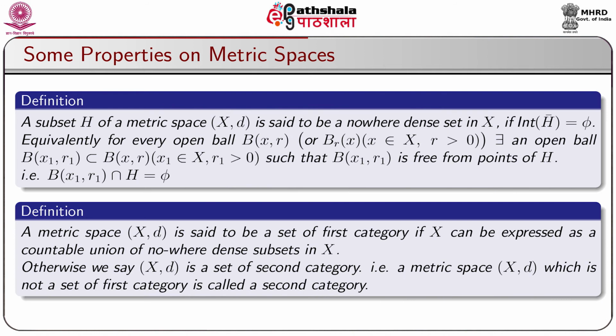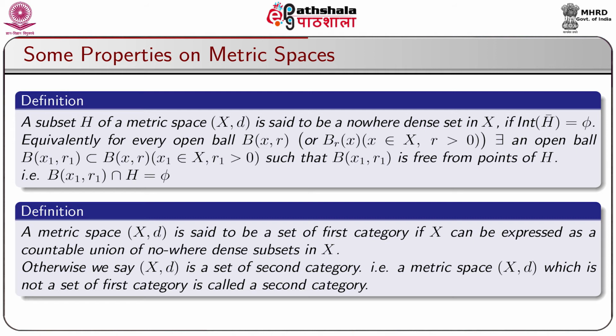Now, there is another definition, that is, a subset H of a metric space (X, d) is said to be a nowhere dense set in X if the interior of the closure of H is equal to phi.